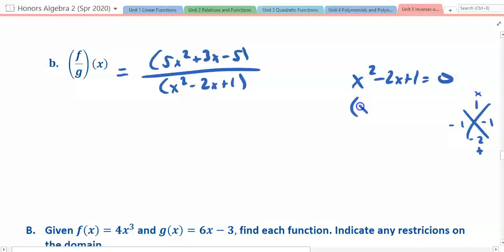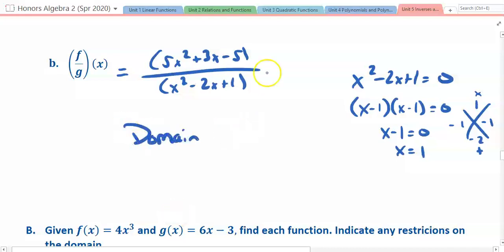And so this is going to factor to x minus 1 and x minus 1 equals 0. And that just means that x minus 1 is equal to 0, which means x would be equal to 1. So my domain of this new h of x function would be all real numbers if I wasn't doing division.